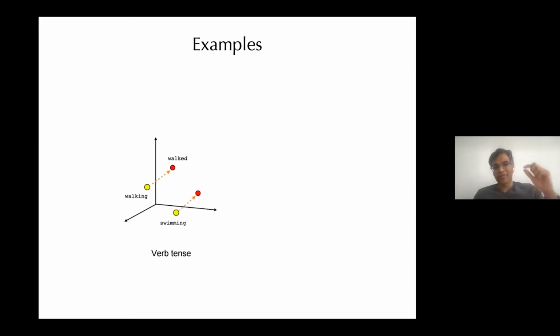Suppose I take the word walking and I take the word walked. I take the difference between those two words, that gives me a vector. I can add that vector to the word swimming, and I get a new point in the space. Guess what that point is? It's the point swam. Interestingly, the embedding itself discovers structure in the space of words.